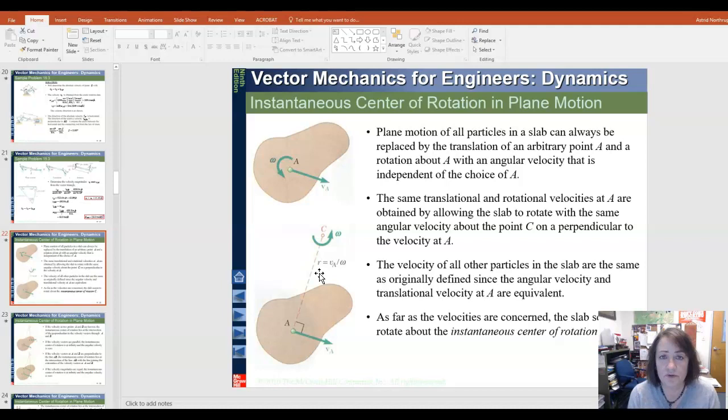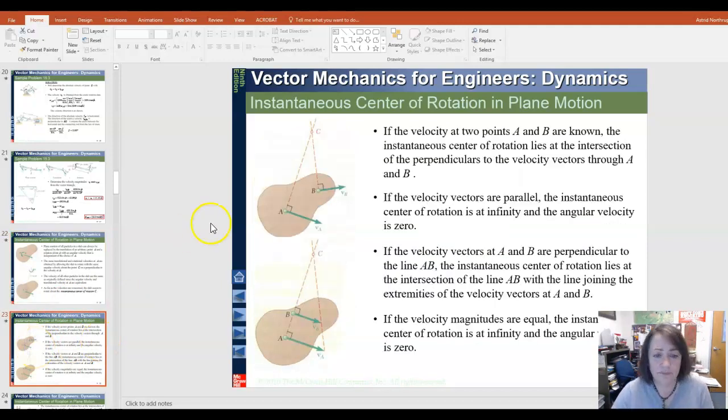The trick that you use to find the point is the fact that in order for the total velocity to be expressed that way, omega cross r is going to be 90 degrees, or in other words, perpendicular. So if you have velocity vectors at two different points on a slab, A and B, and you draw a perpendicular to both of them, wherever they intersect is going to be the instantaneous center of motion.